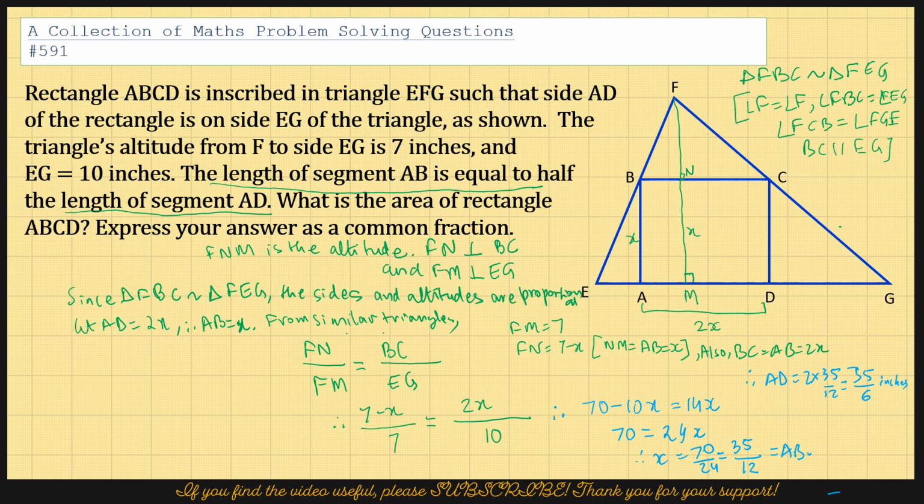So then we have to find the area, so therefore we can write down the area.